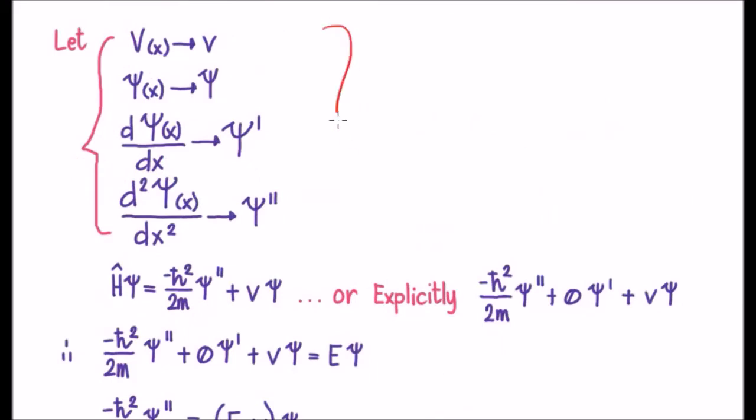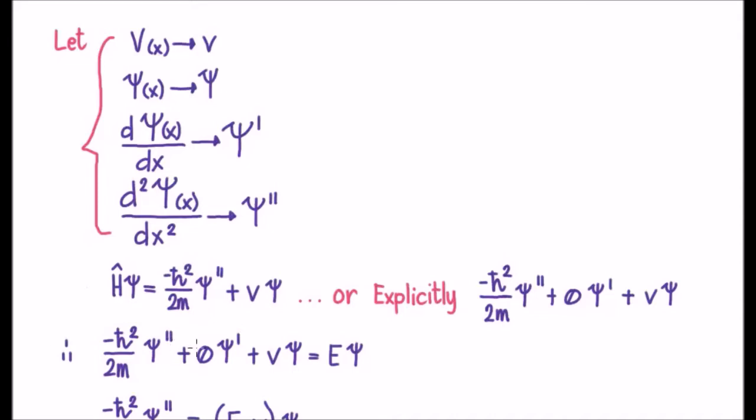So what I've just said there is expressed here, and that allows us to rewrite the time-independent Schrodinger equation in the following form. So both of these are the same, obviously. So we have minus h bar squared over 2m. We have psi double prime standing for the second derivative of psi with respect to x.